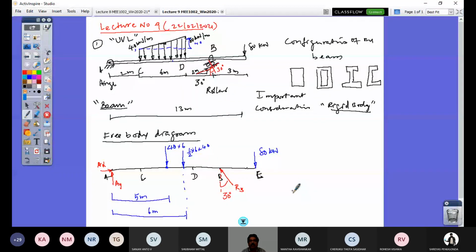So let me ask you now some question. Does this free body diagram consist of only 3 forces? Anybody? By observation? Sahil Chaudhary? Aravind Yi?